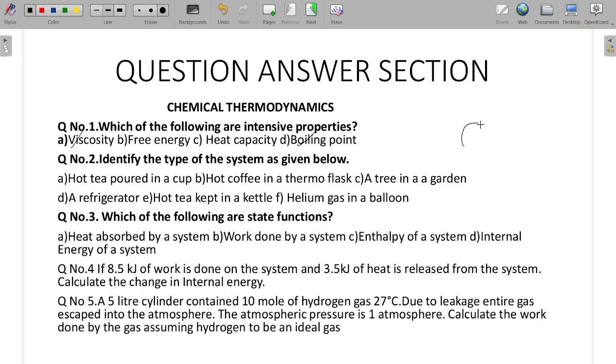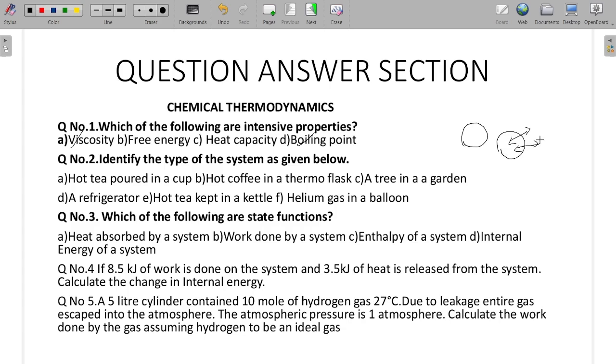So in case of isolated system, no energy or matter cross the boundary to the surroundings or from surrounding to the system. But in case of open system, both matter and energy cross the boundary. There is an exchange of energy and matter between the system and the surrounding.